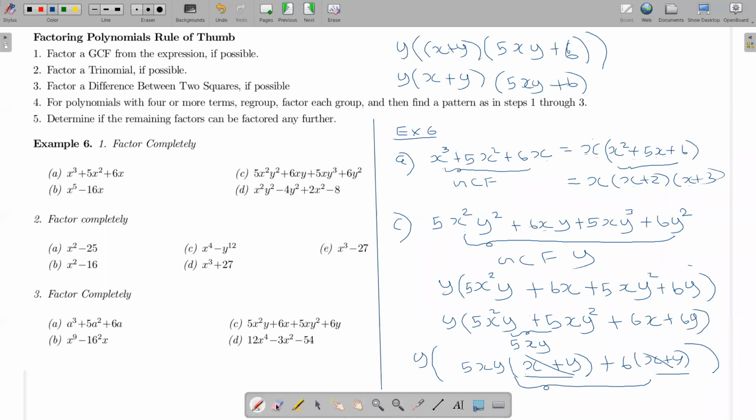Any questions? Thank you to the people for pointing out the mistake. Otherwise, if you think you see some mistake, always ask, okay?